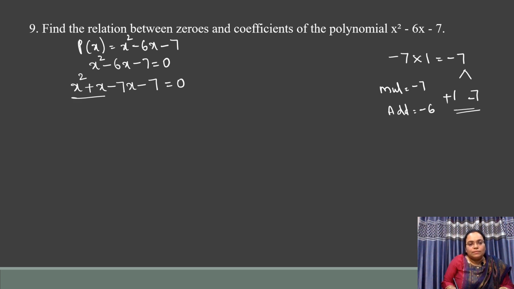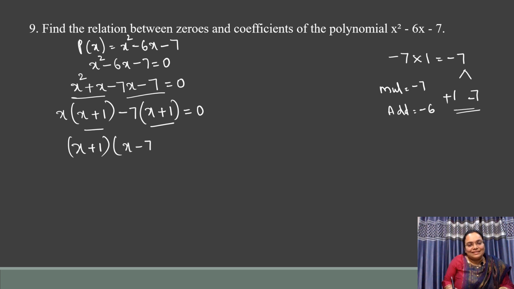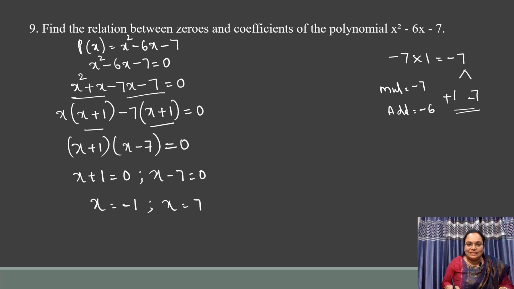From the first two terms, if you take x common, which is x + 1, and from the next two terms, if you take −7 common, which is x + 1, equal to 0. x + 1 is common, and the remaining is x − 7 = 0. So, x + 1 = 0 and x − 7 = 0. x = −1 and x = 7.